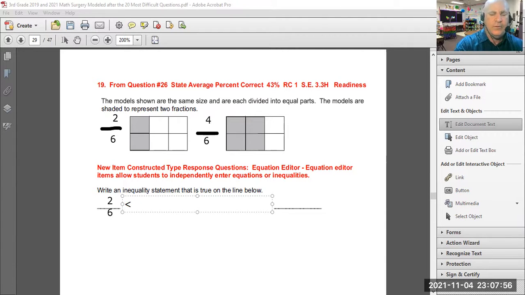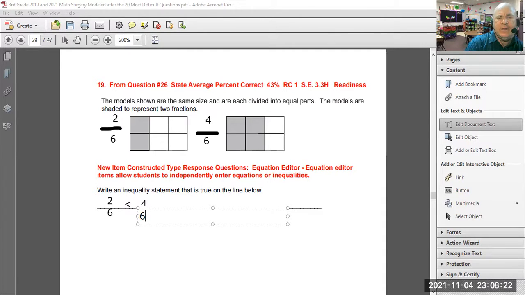Well, the other one was 4. Make sure I have a number below there. 2, 6 is less than 4, 6, and that's one way.